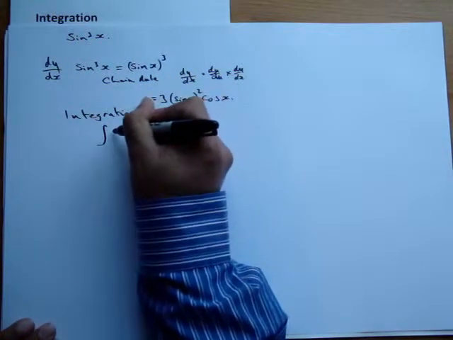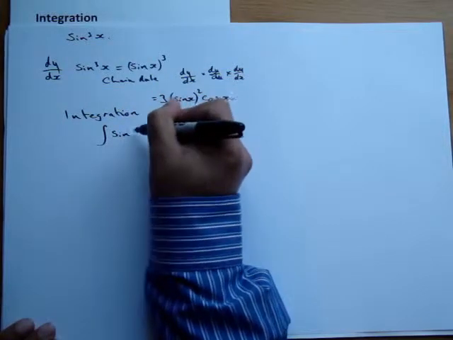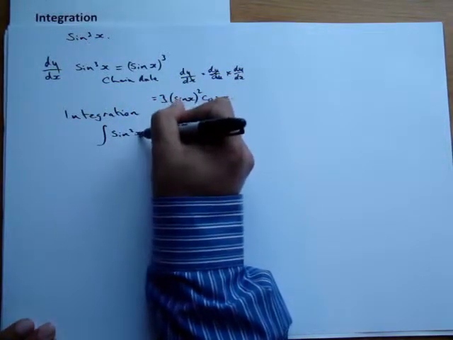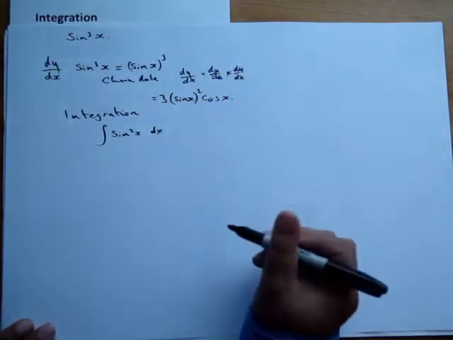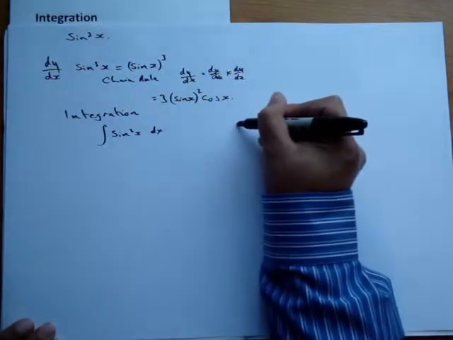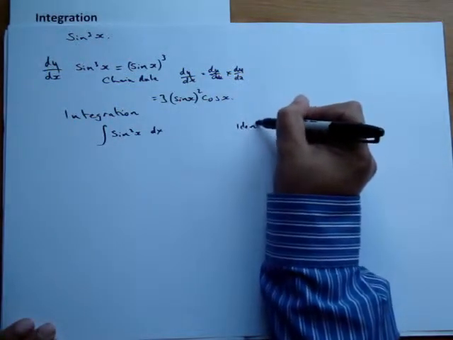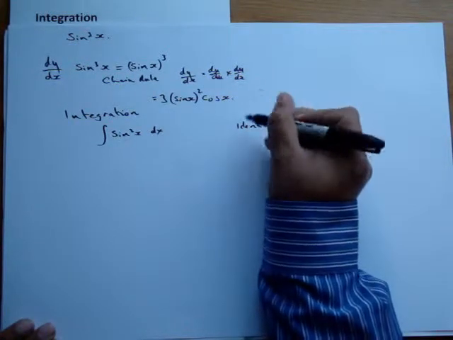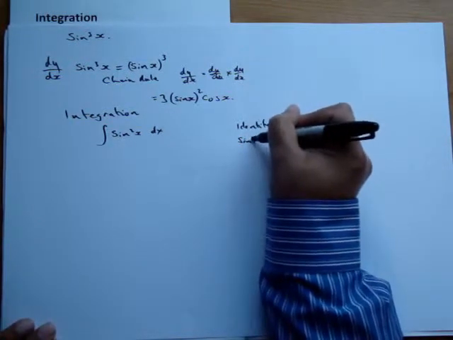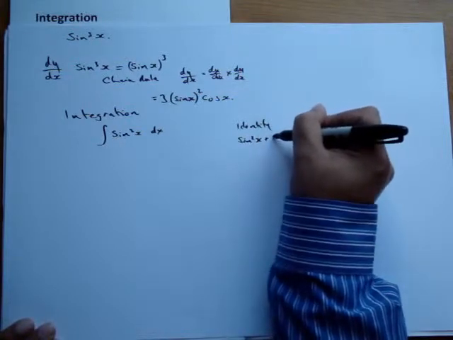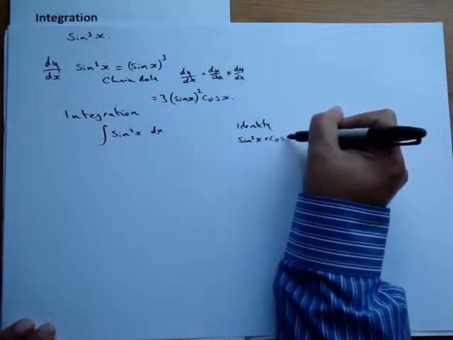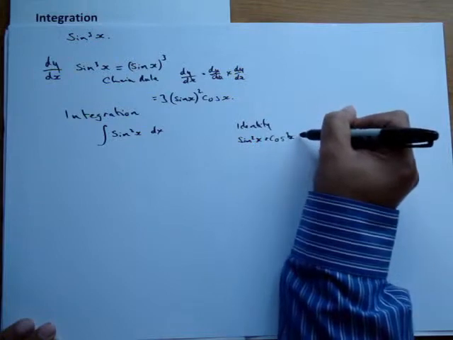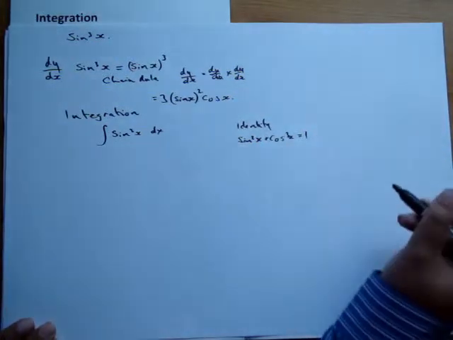So the integral of sine cubed x dx. Right, so we have an identity: sine squared plus cos squared equals 1.